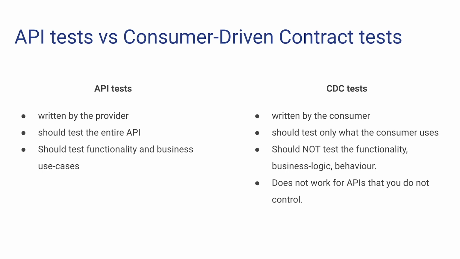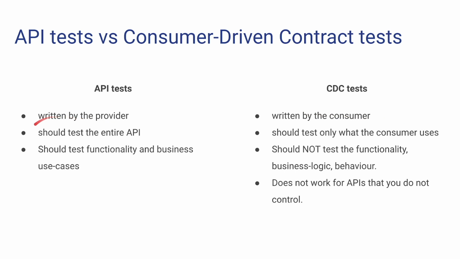But generally, the idea is that an API test will typically be written by the provider, because the provider will want to test the API and doesn't want to rely on some contract tests that the consumer may or may not write. So API tests in general will still exist, but the provider will focus on different things than what the consumer will focus on. And the consumer-driven test, of course, is written by the consumer.